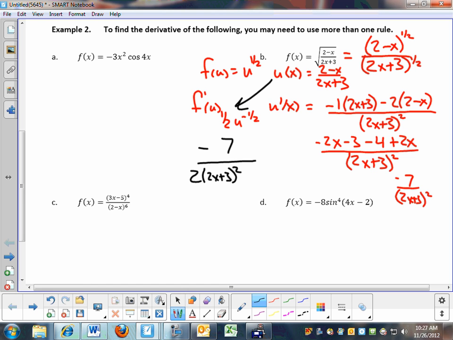But I also need the u to the negative 1/2, right? Which is the square root of 2 minus x over 2x plus 3.